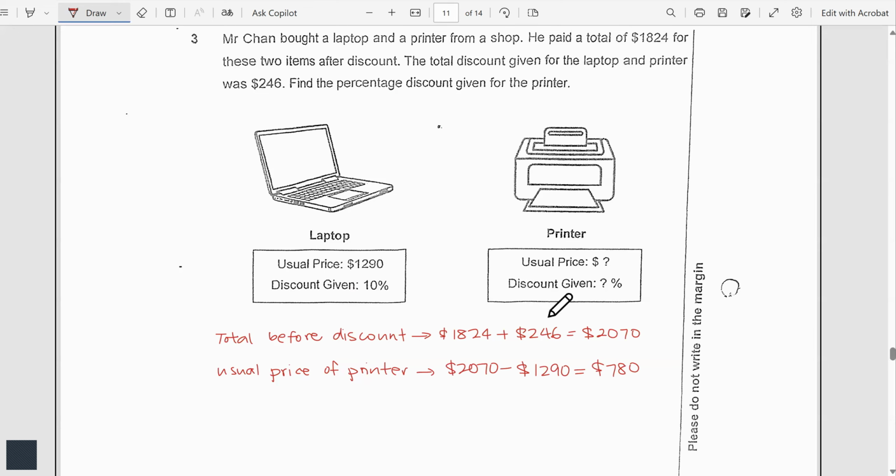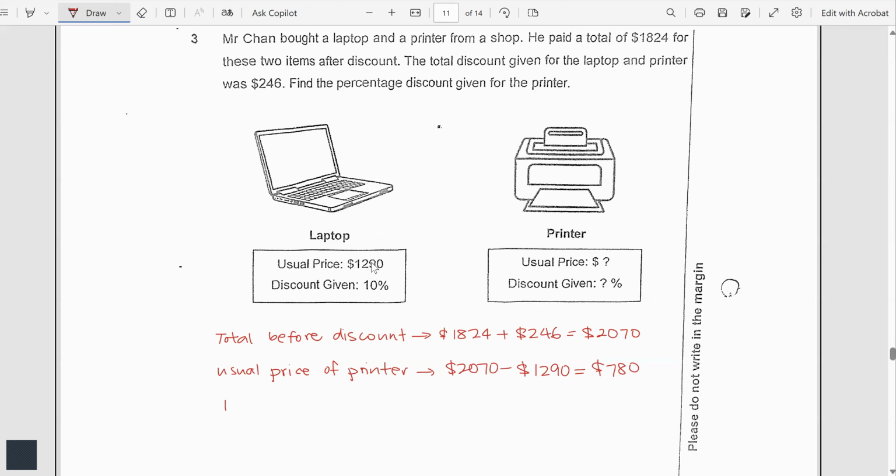Okay, next, the discount for both items is 246. So to find the discount for the printer, I need to minus off the laptop. So I need to find the amount of discount given for the laptop first, which is 10% of the usual price. Okay, let's calculate that.